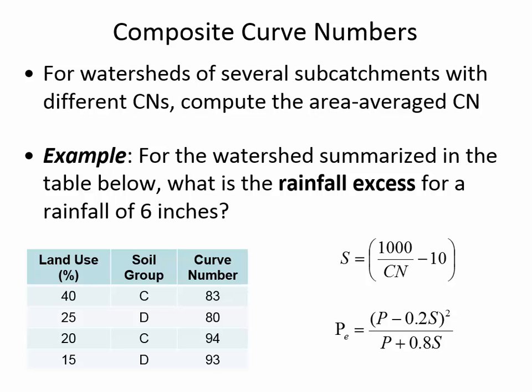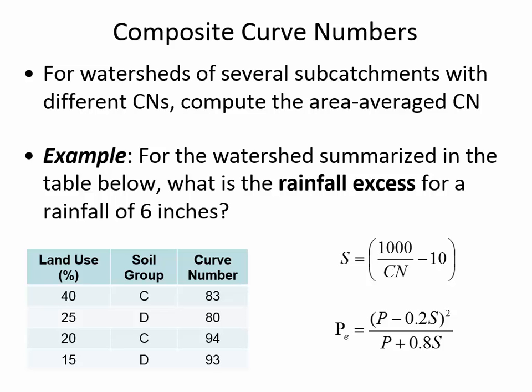We have 25% of the watershed at curve number 80, 20% at curve number 94, and 15% at curve number 93. All you need to do to calculate the average curve number for this watershed is multiply the fractional land use quantity by the curve number. It's just a weighted average. Calculate the weighted average curve number, then you can find the storage.